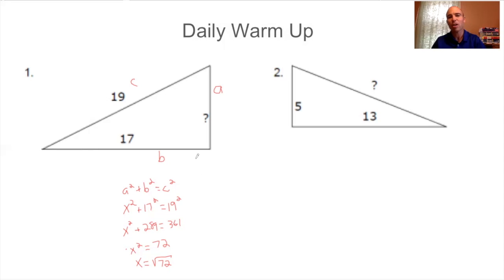Sure, you could say that the square root of 72 is approximately, well, it's got to be between the square root of 64, which is 8, and the square root of 81, which is 9, right? So you could look at it and say maybe it's a little closer to 72. I don't know if it really is, but actually, no, I don't think.